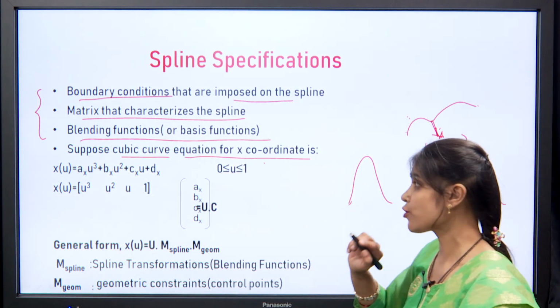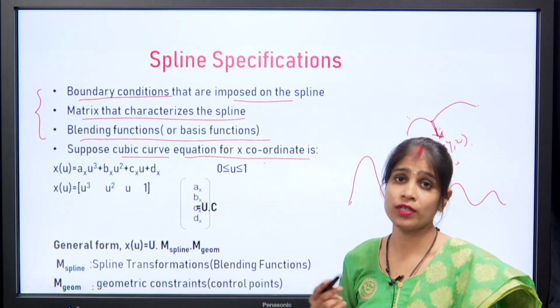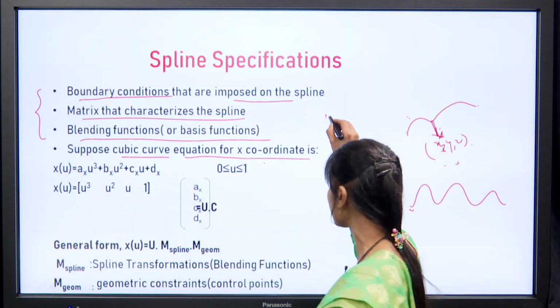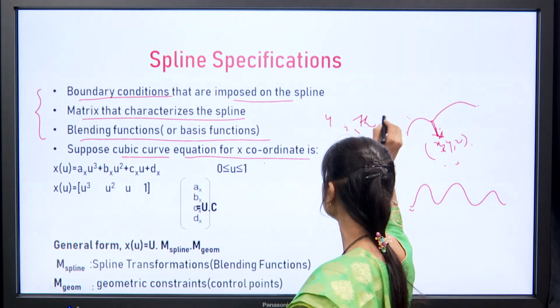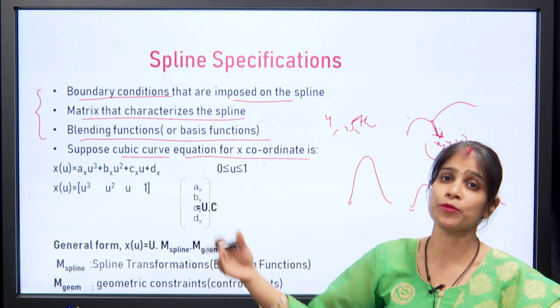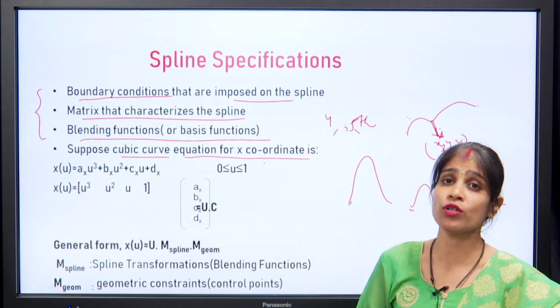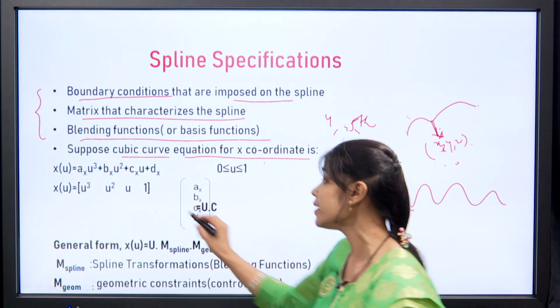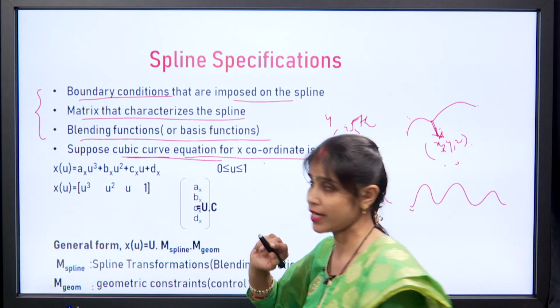That is why we are taking a cubic curve. And one thing more, that is complexity. If we take higher order curves, such as a 4th degree or 5th degree curve, there is high computation. That means we need more complex calculations. To avoid the more complex calculation, we are taking cubic curve equations here.